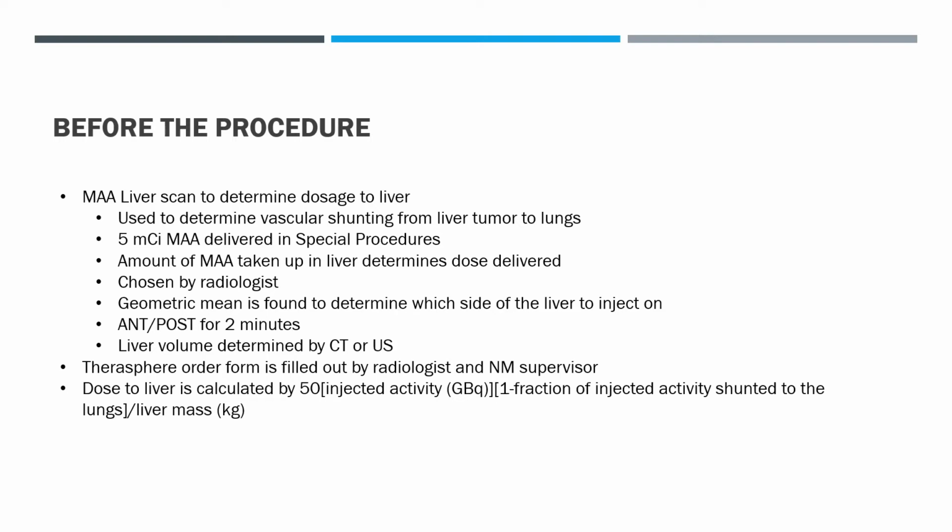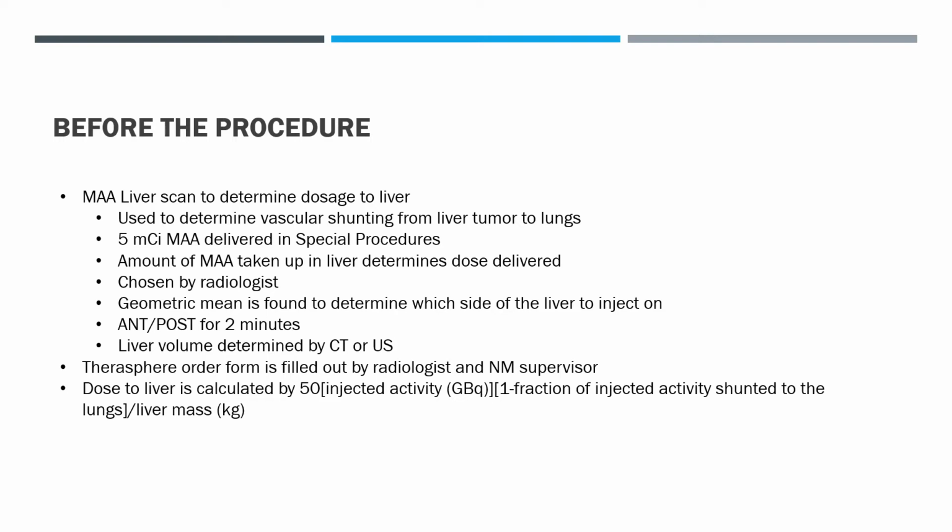And again, that dose is going to be chosen by the interventional radiologist. So the geometric mean is found to determine which side of the liver to inject on. Again, the tumor is determined by how much vascular shunting is occurring to the lungs, and how much is taken up either on the anterior or the posterior side of the liver and of the lungs too.